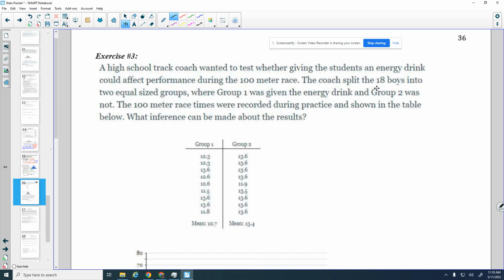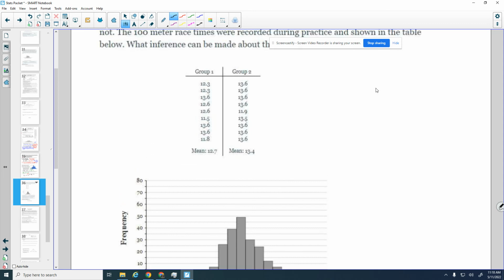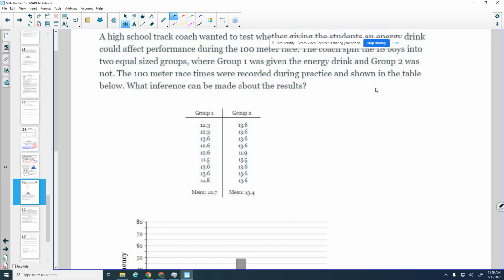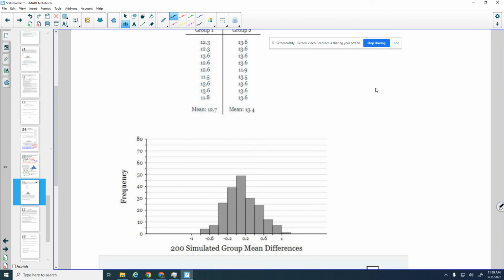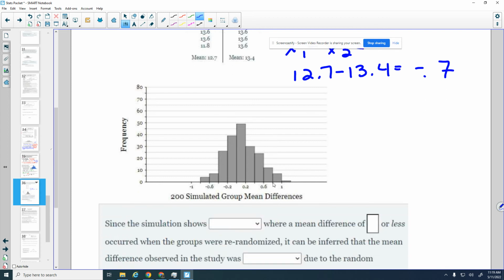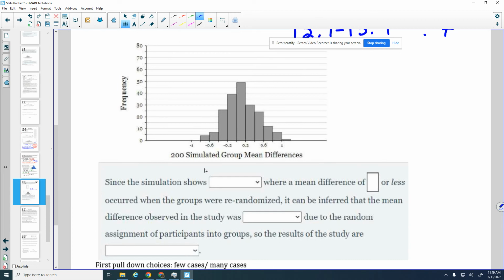So first off, we have our two means. Group 1 had the energy drink, group 2 did not. We have a 12.7 and a 13.4. So I'm going to calculate the mean difference. So that's 12.7 minus 13.4, which is negative 0.7. So in our question, we re-randomized the groups. There's 200 here.